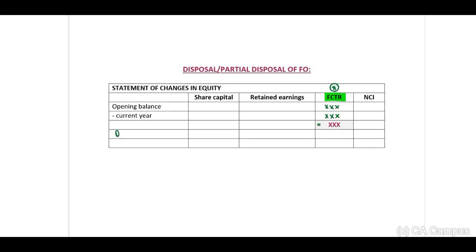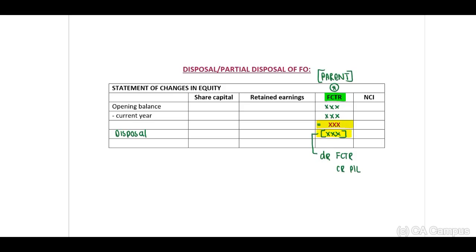Now, when there is a disposal, remember, this FCTR column will only relate to our parent. When there's a disposal, you need to take out that amount and you need to transfer that to your profit or loss via your journal. Debit your FCTR and credit your profit or loss reclassification adjustment.